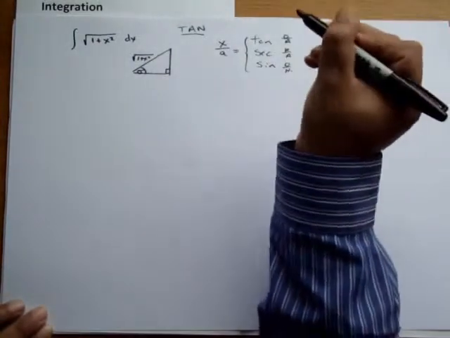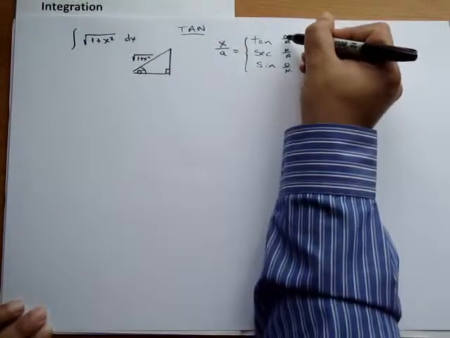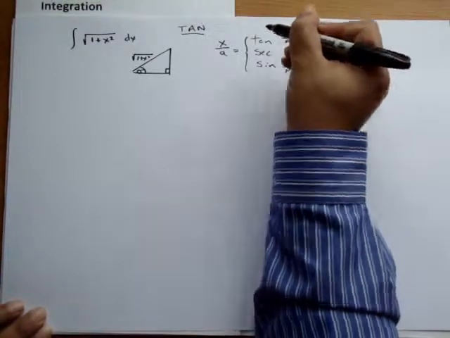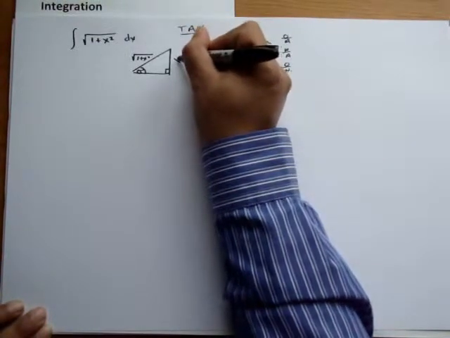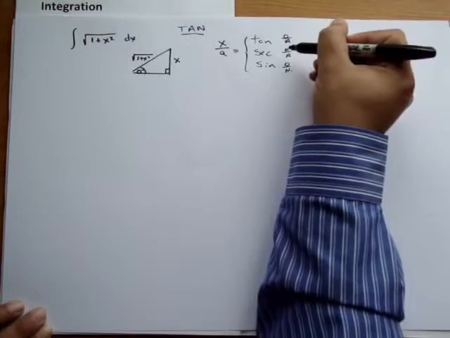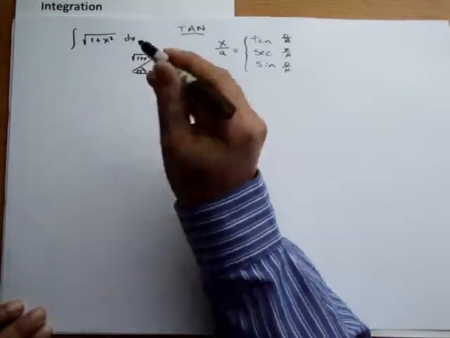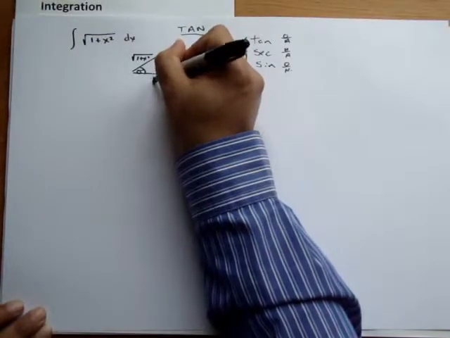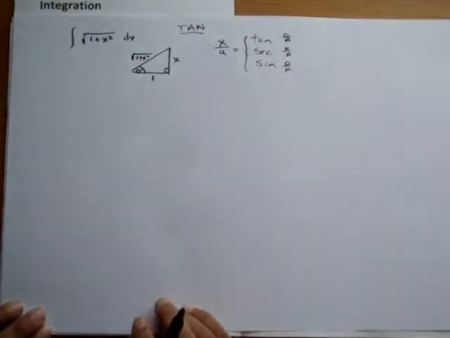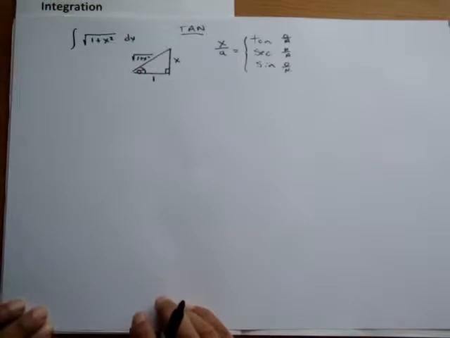substitution. The x over a, so the opposite is going to be x, and the adjacent is going to be the 1 squared, or 1. And that's our substitution in the triangle.